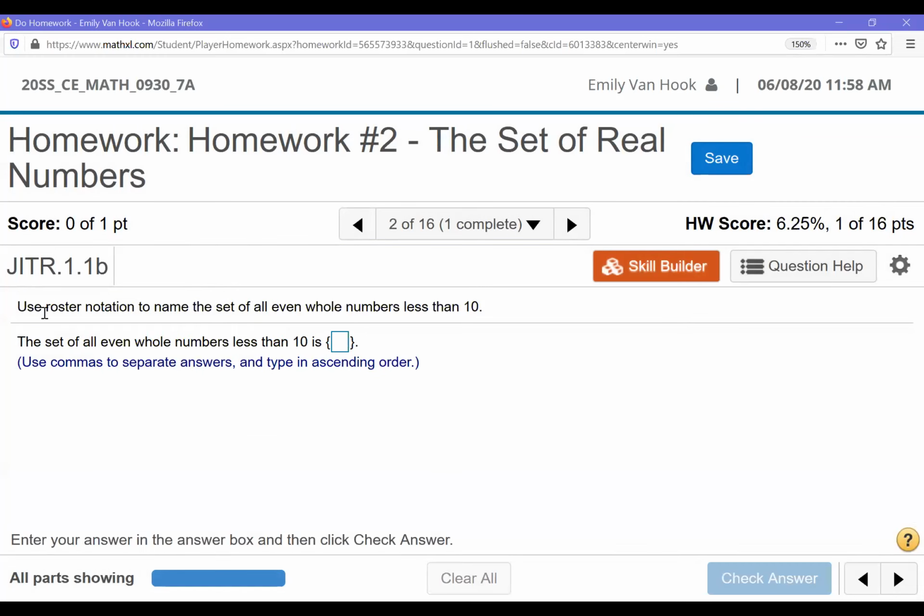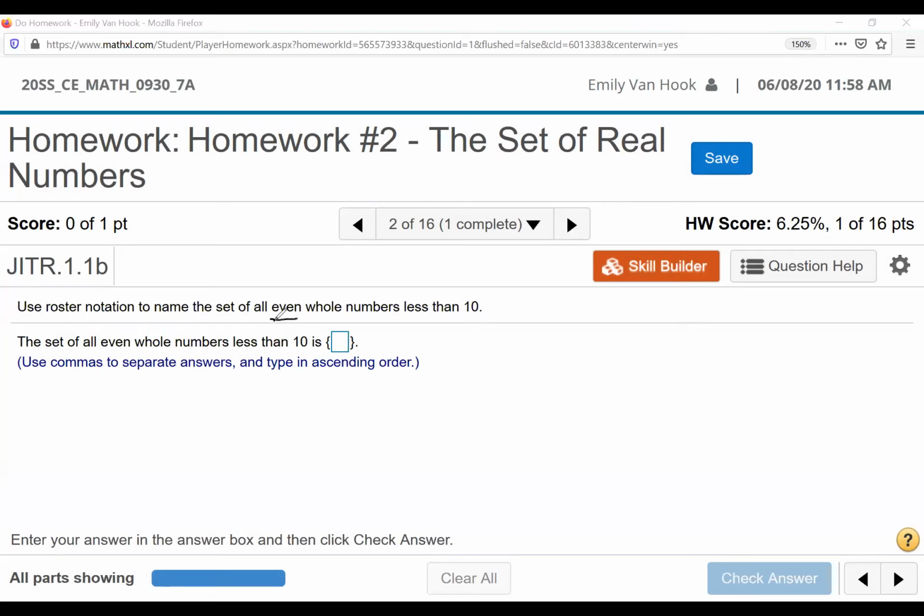Okay. Number 2, use roster notation to name the set of all, let's see, even whole numbers less than 10. Okay, so whole numbers would be 0, 1, 2, 3, 4, etc. Those are whole numbers. But even numbers would be divisible by 2. So that would be 0, 2, 4. We'll keep going.